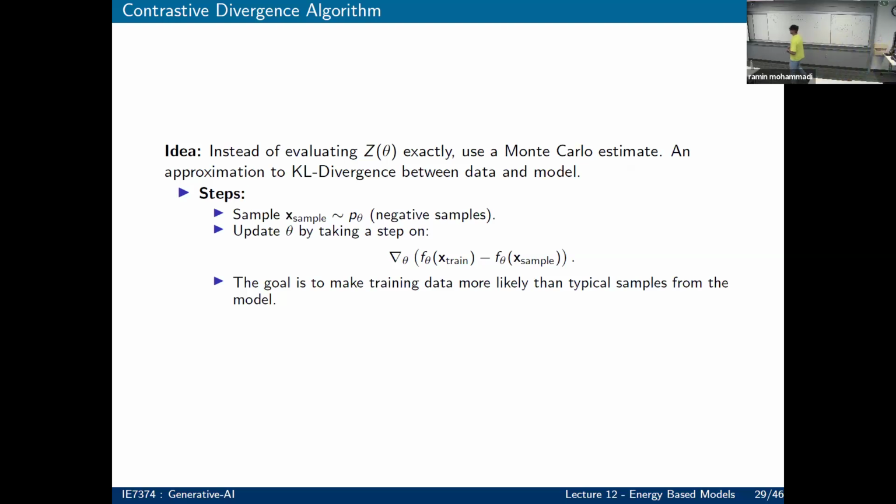One of the steps is that instead of sampling from the good data, you actually sample from the bad, negative samples. This defines the contrastive divergence algorithm, kind of like negative sampling. So you take some negative samples, and you update theta by taking a derivative with respect to this term, f of theta of the sample.